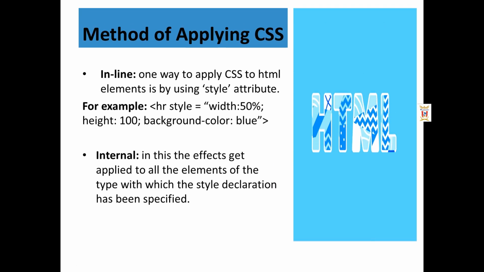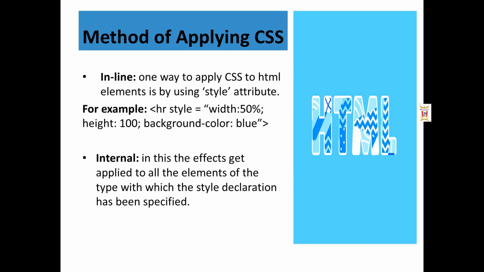The next is methods of applying CSS. Basically, we have three methods of applying CSS. First is inline, second is internal, and last is external. Let's talk about inline first. One way to apply CSS to an HTML element is by using the style attribute.